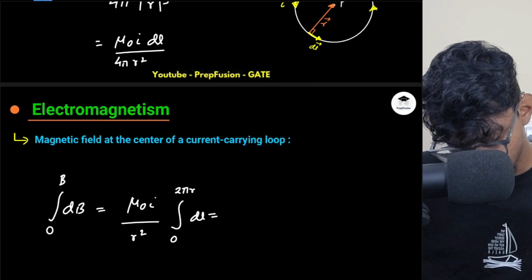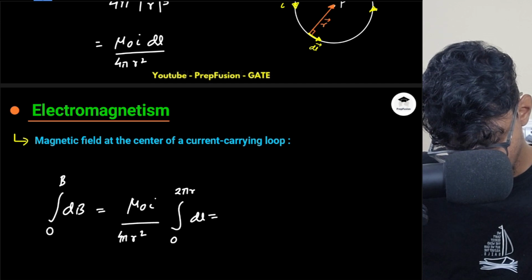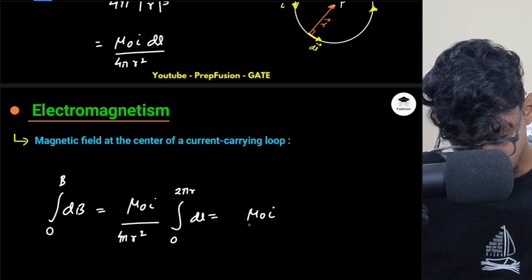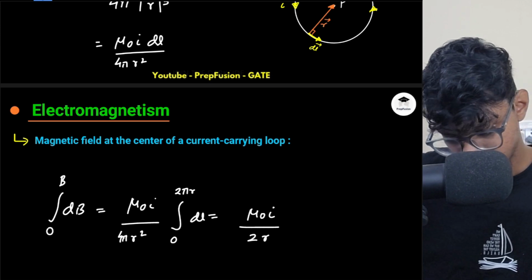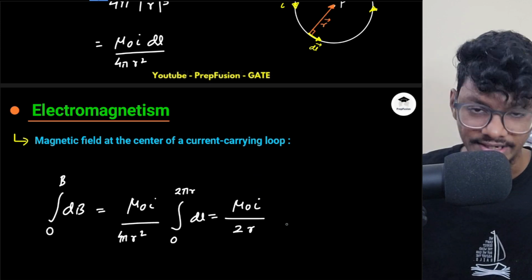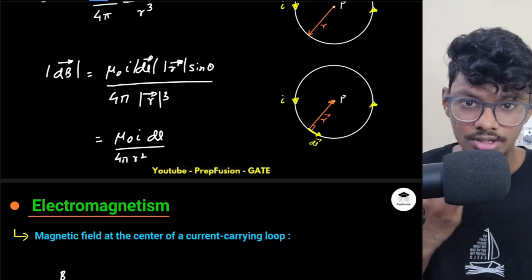So this one will come out to be mu naught I by 2r. So this will be the magnetic field of this particular configuration.